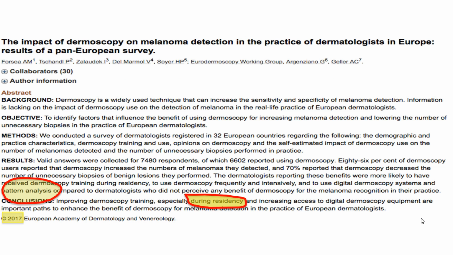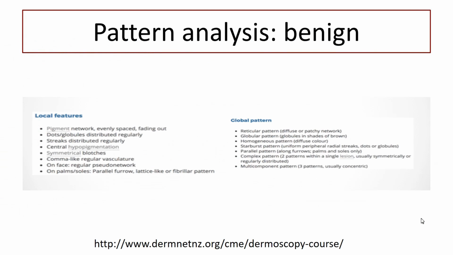And what we learnt is that if dermatologists were trained in pattern analysis, they were much more effective at diagnosing skin lesions, and their number needed to treat dropped because they could exclude benign lesions and didn't need to cut those out. So pattern analysis talks about global pattern, and Peter talked about reticular, globular, homogeneous, starburst, parallel, complex, and multi-component patterns.